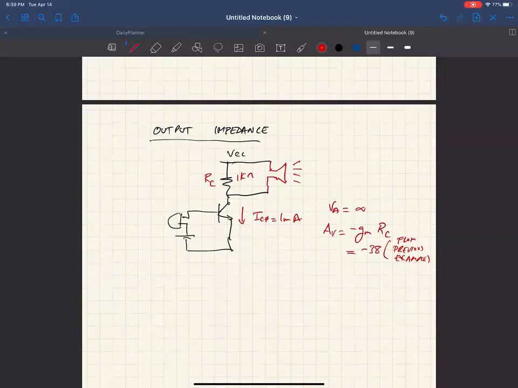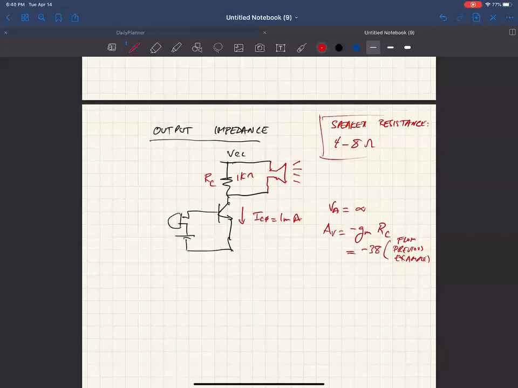The speaker has its own input impedance, and it tends to be very low. Typical speaker resistances are, again, very low, let's say 4 to 8 ohms or something like that.